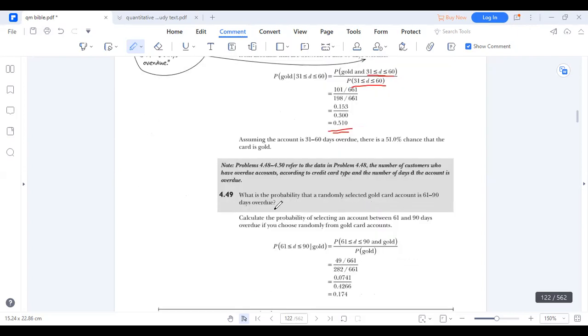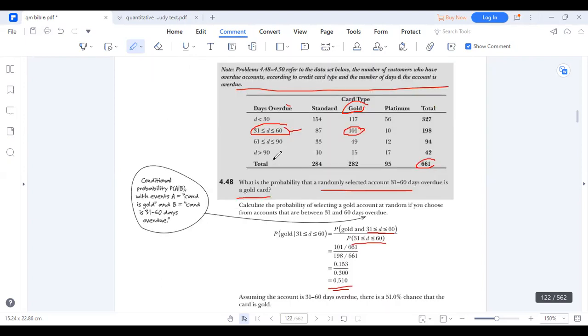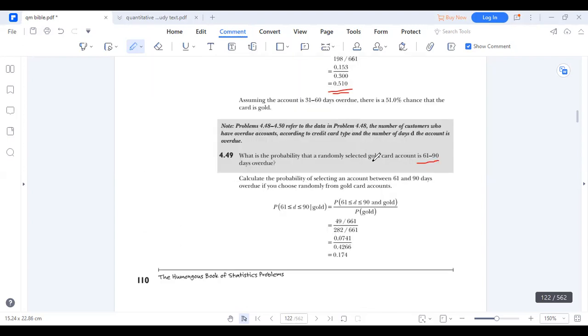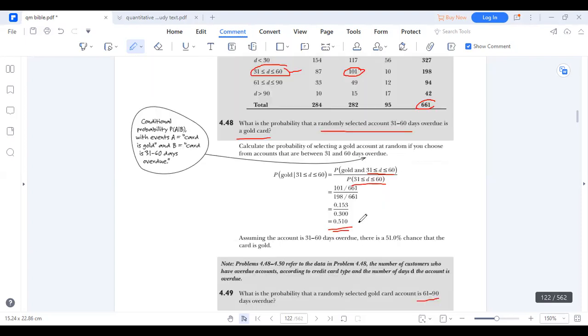Then the other one is the probability that a randomly selected gold card account is 61 to 90. So we are simply saying this interval given that it's gold. So it's 61 and gold.